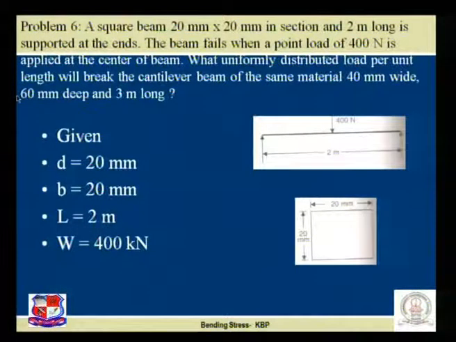The beam fails when a load of 400 Newton is applied at the center of the beam. What uniformly distributed load per unit length will break the cantilever beam of the same material, 40 mm wide, 60 mm deep and 3 meter long?